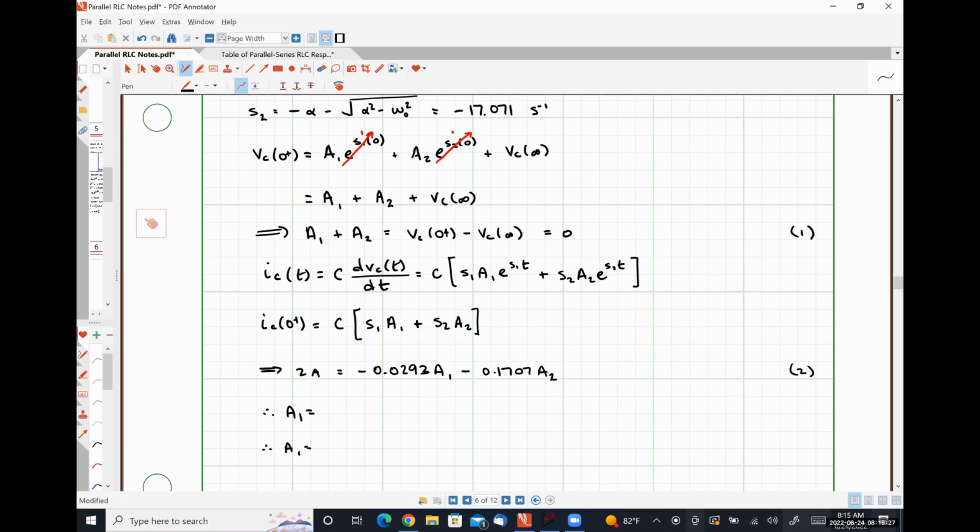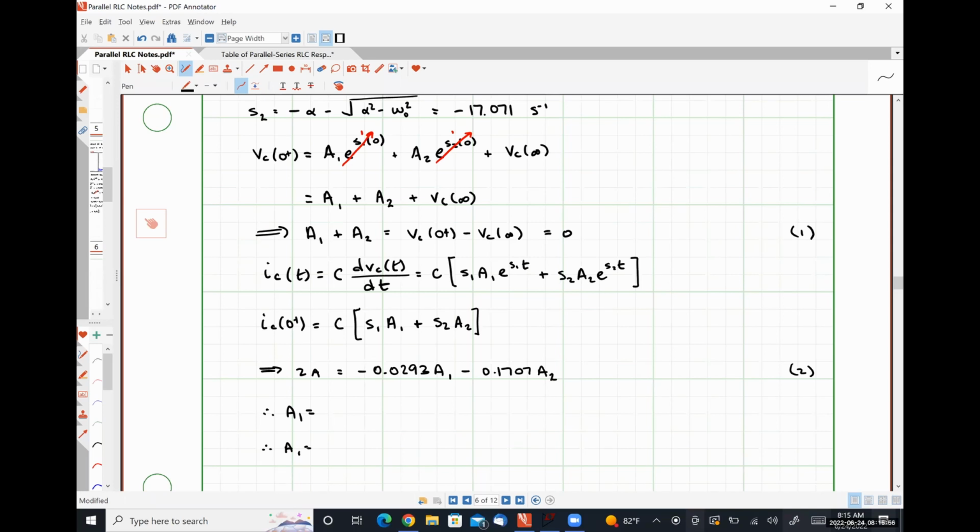My coefficient for A1 in my second equation is negative 0.0293, which I have stored in my calculator as A. My coefficient for A2 is negative 0.1707, which I have stored as B. And my constant term is 2.